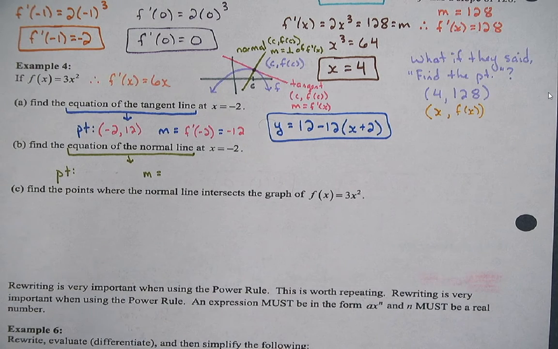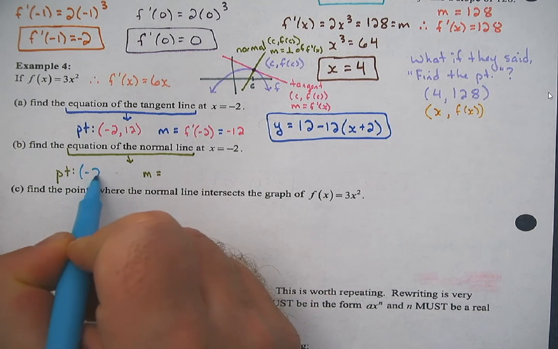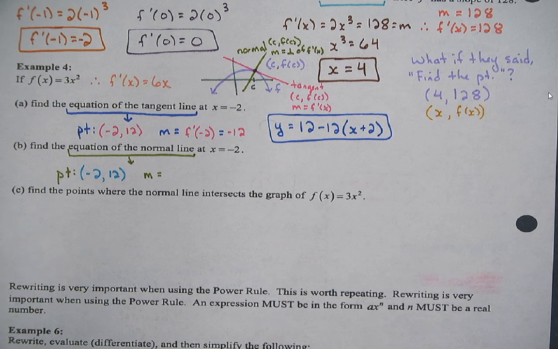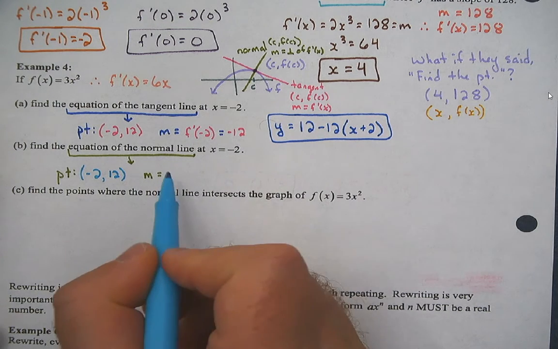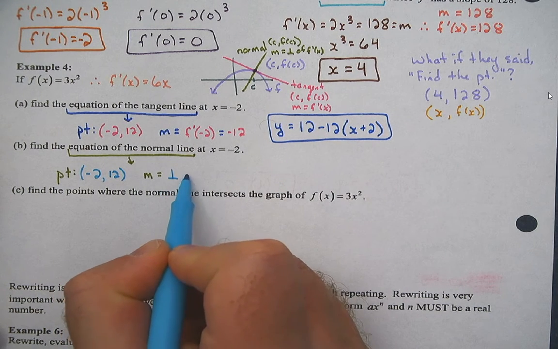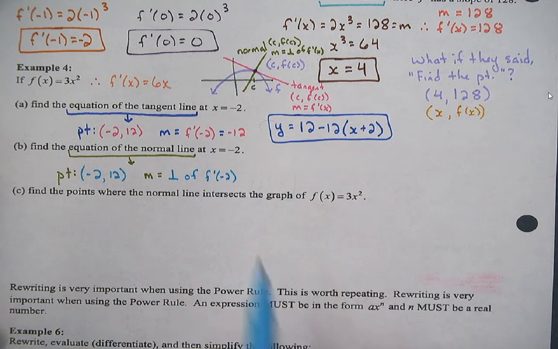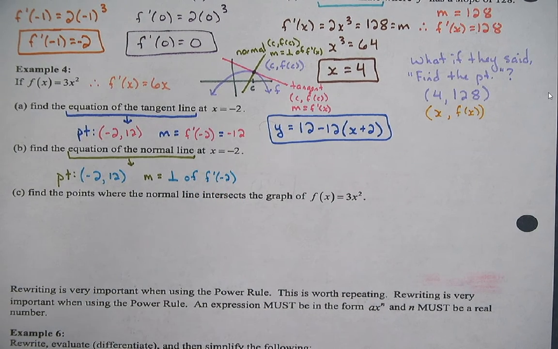So what does that mean for us? Well, as we come down here now, we can start to plug and chug a couple things. Our point is still -2, 12. The normal line, the function, the tangent line all share the same point. The slope, though, is the perpendicular of the derivative at -2.